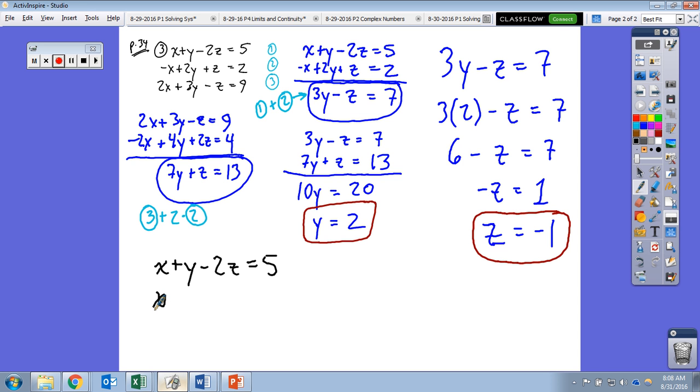So x plus 2 minus 2 times negative 1 equals 5. So x plus 2 plus 2, so x plus 4 equals 5.